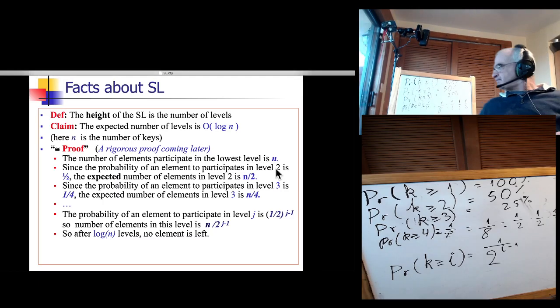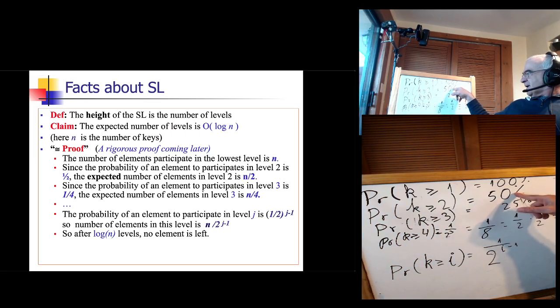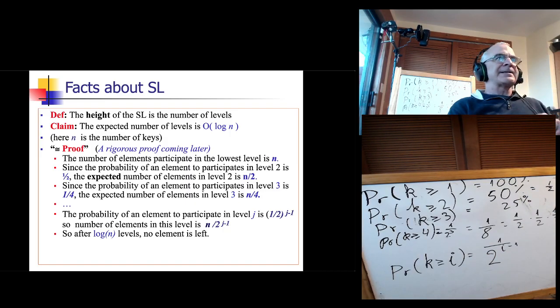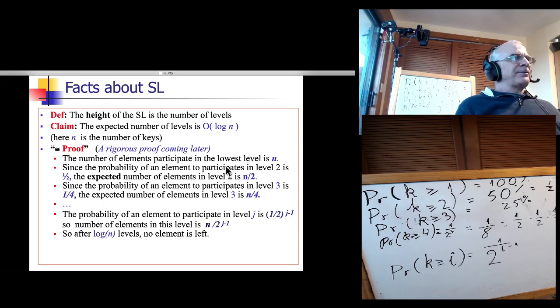The probability of making it to level 2 is 50%, 1/2. So if n is large, we expect, and I'm using the term expectation quite loosely, not very formally, to find n/2 of the keys that will make it to level 2.